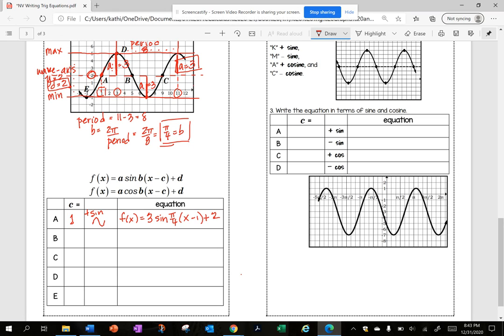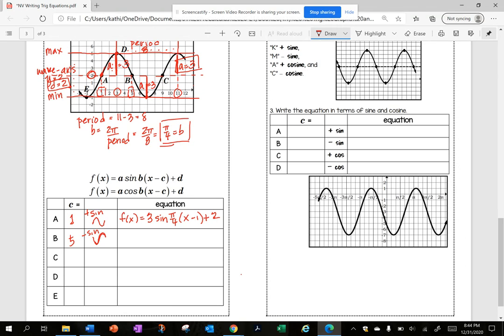Okay, if I move over to point B, my C value is now 5. And I'm starting on the wave axis, and I'm going down to a minimum first. So the shape looks like this, which is a minus sine wave.